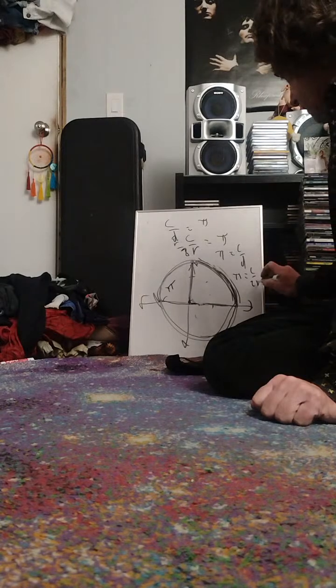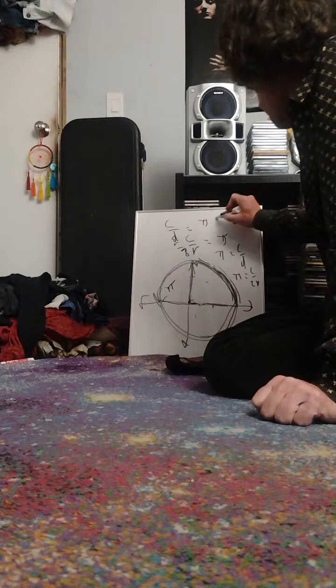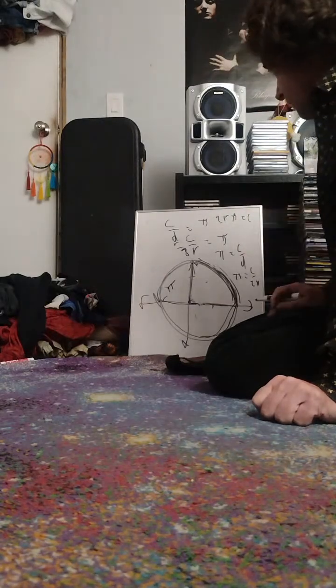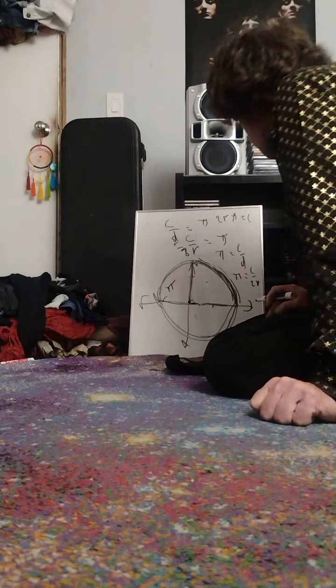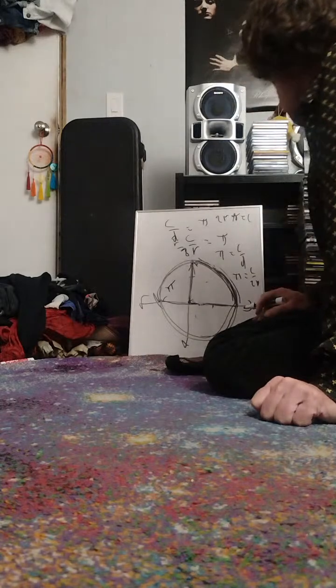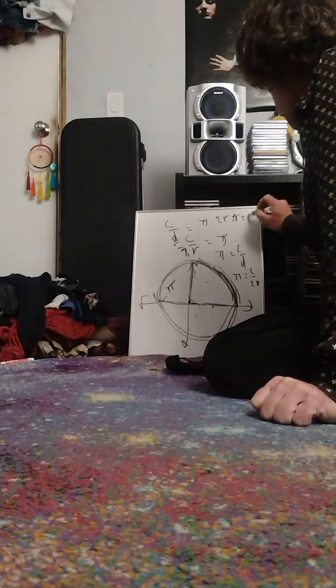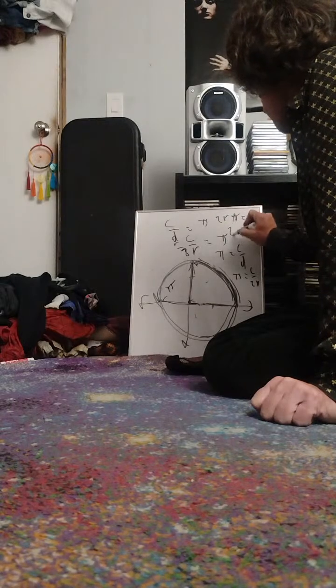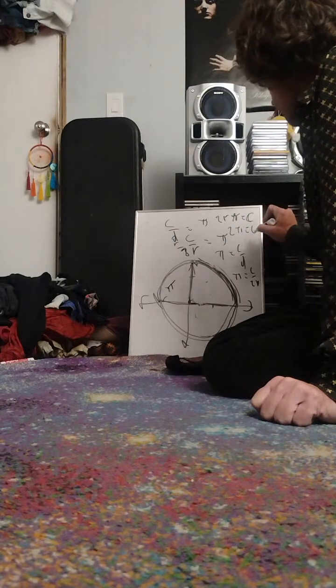If r equals 1, which it is, then 2 pi equals c.